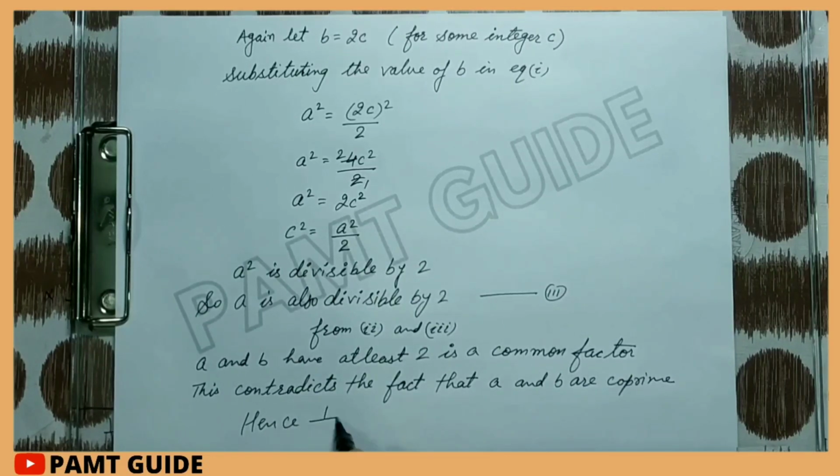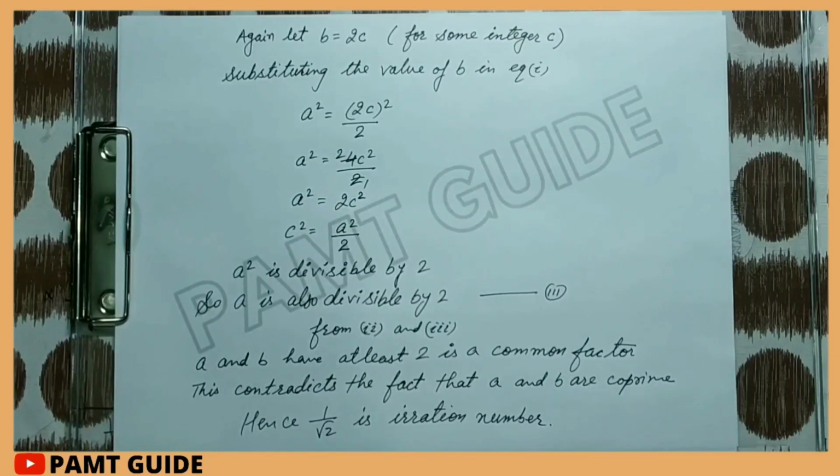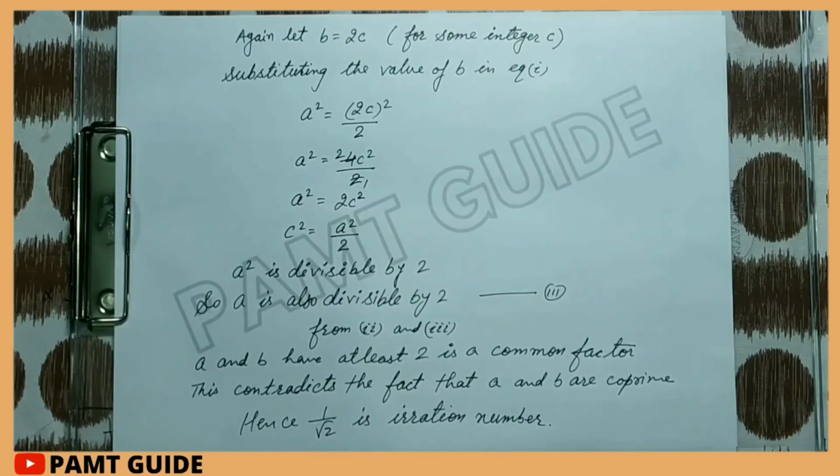Hence, we can say that 1 by root 2 is an irrational number. So all the questions are the same and you can solve them yourselves.